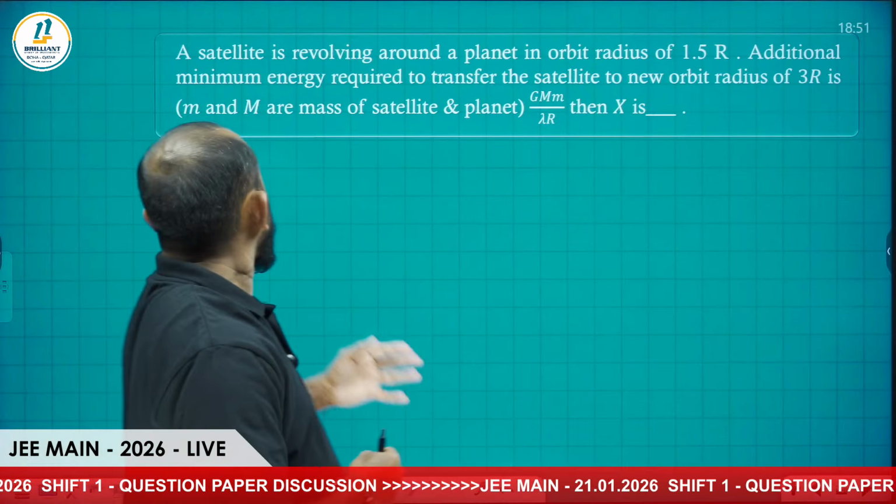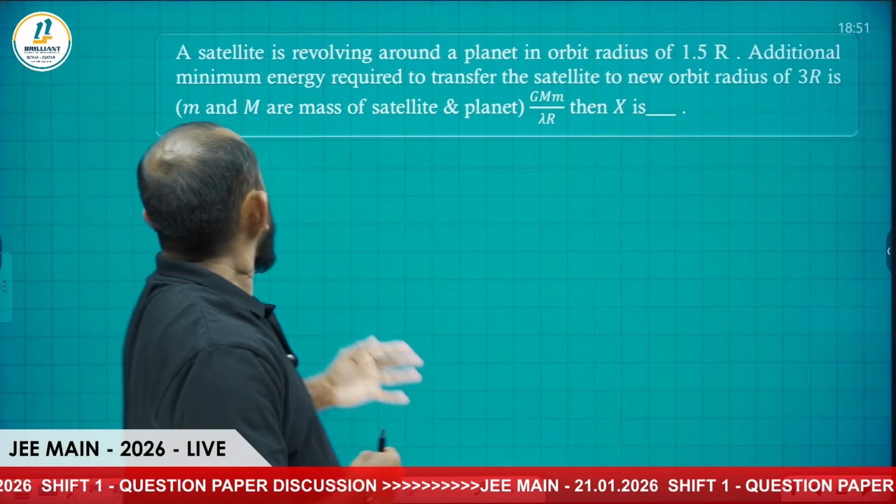So the minimum energy will be equal to negative GMm, where capital M is the mass of the planet and small m is the mass of the satellite, into 1 by 2 into 3R minus 1 by 2 into 1.5R.